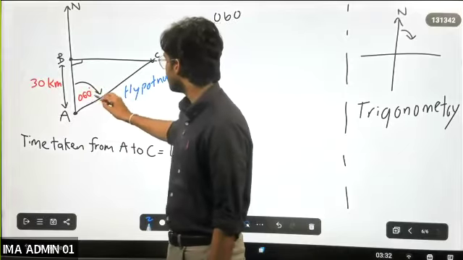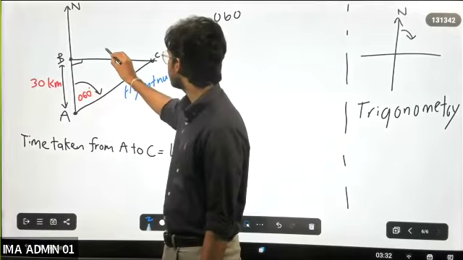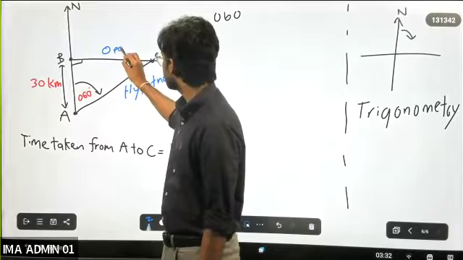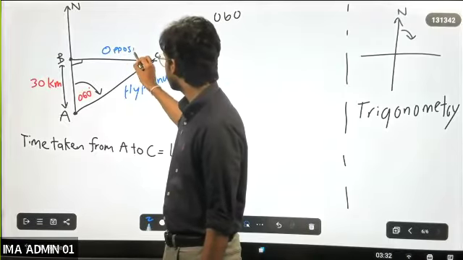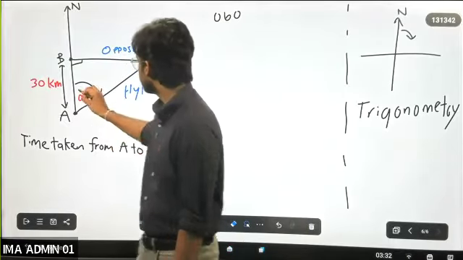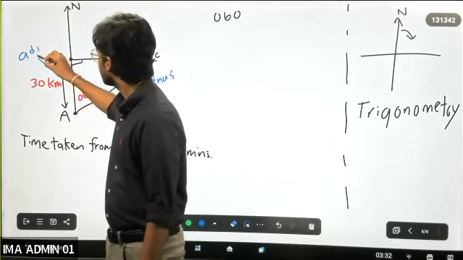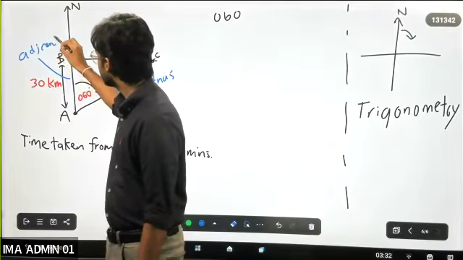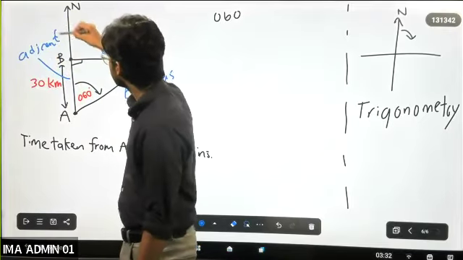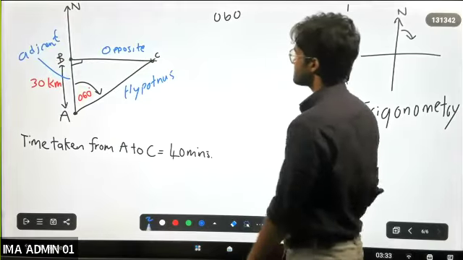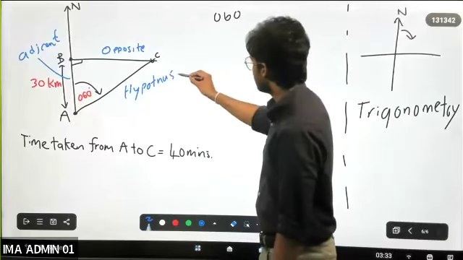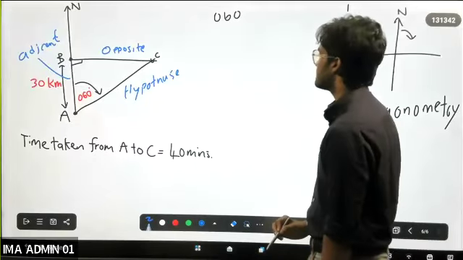And if we consider this angle, this is the opposite side. And this is the adjacent side. Right? Hypotenuse, opposite, adjacent.